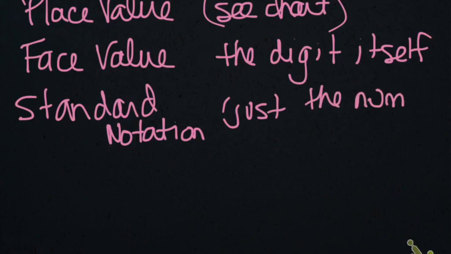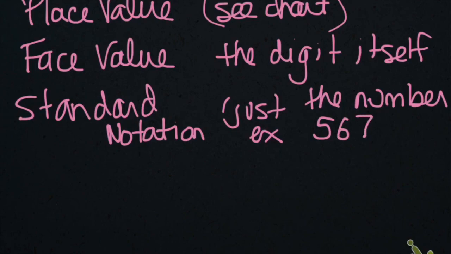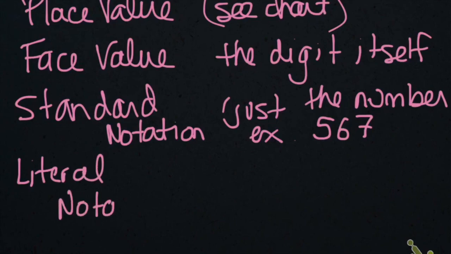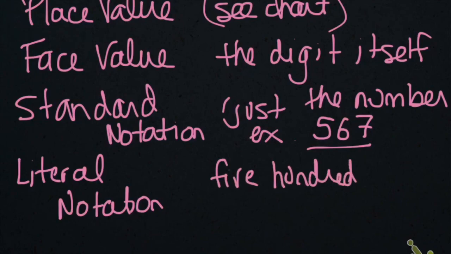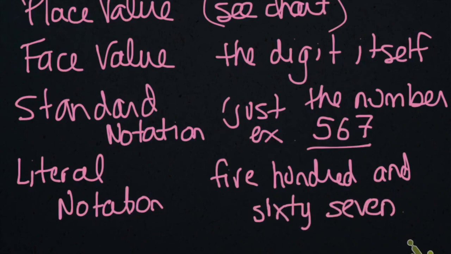And I'll give you a quick example here. Example: 567. And we also did literal notation, which I'm going to take this and I'm going to write it out as 567. And that's it for this lesson.